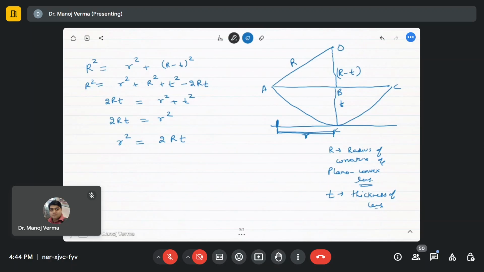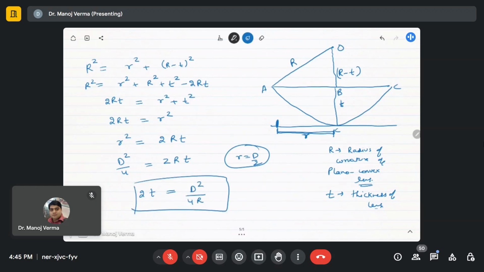I can say this r is the radius of the nth fringe. So I can replace r with d by 2. So d square by 4 is equal to 2Rt. From this, I can say 2t is equal to d square by 4R.